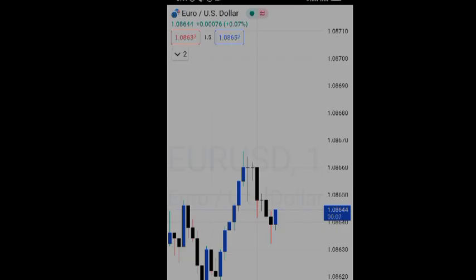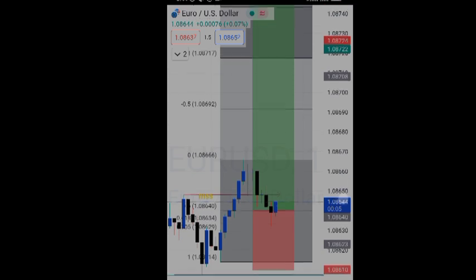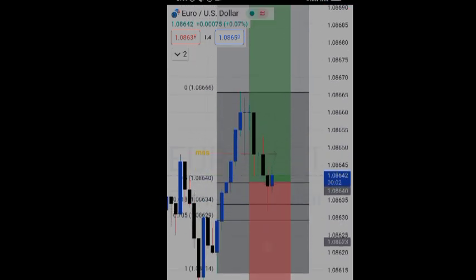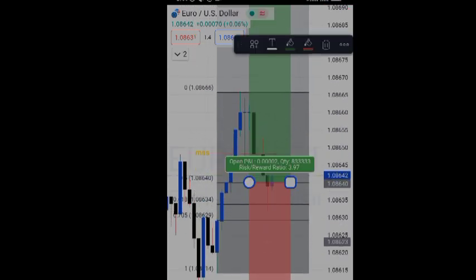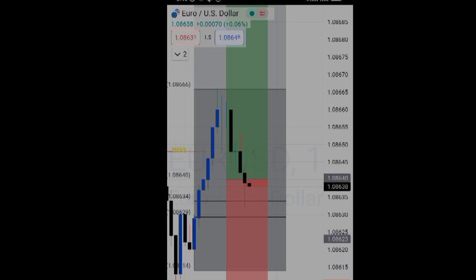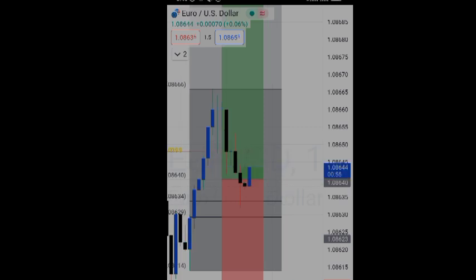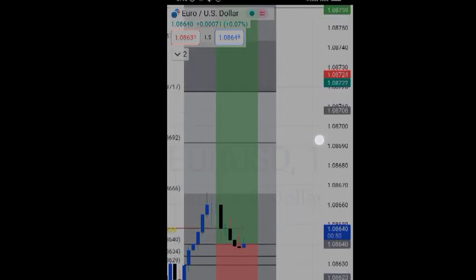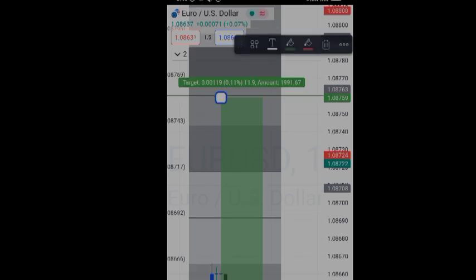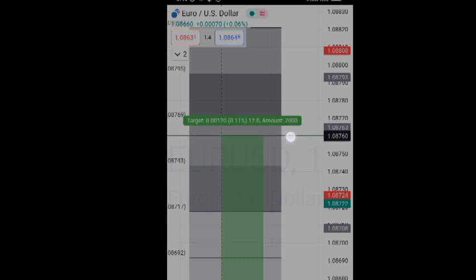That's why I prefer buying when the market is... So our stop loss is 1.08610, and also 3.9. Make it 1 to 4. 1.08610.